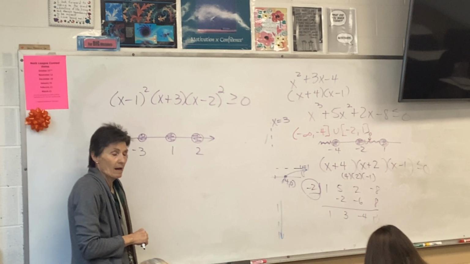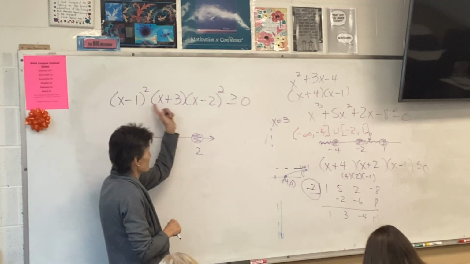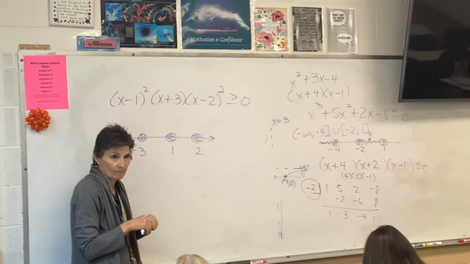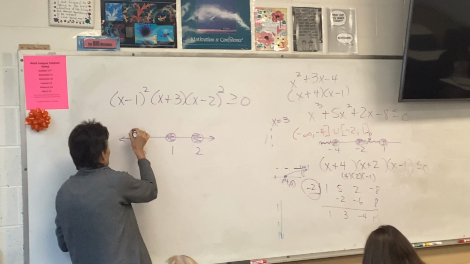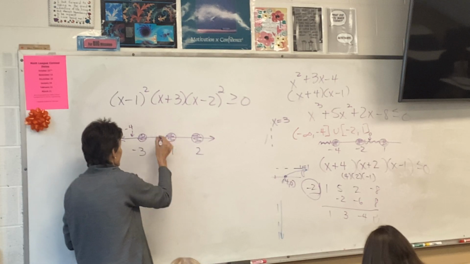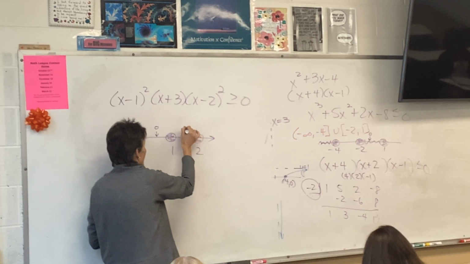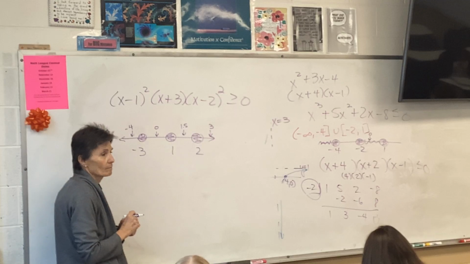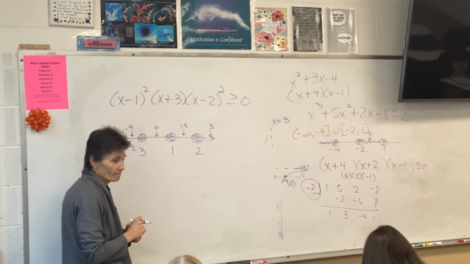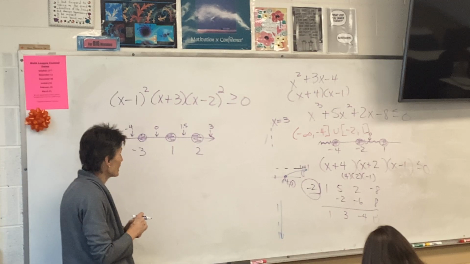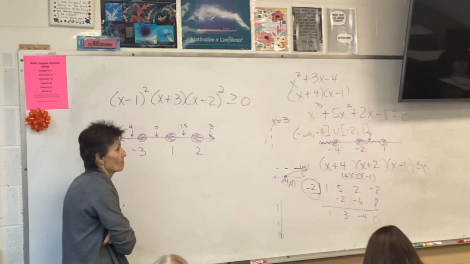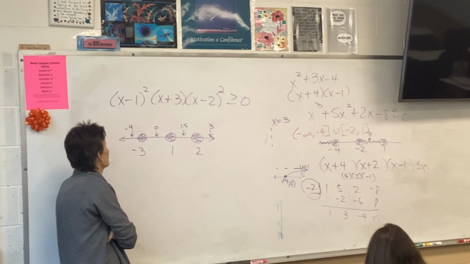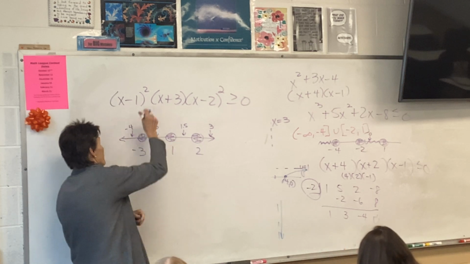Now, the bad news is, I got some squares. Whether you have 1 or 2 or 18, it doesn't matter, you have to check every space. So, maybe negative 4, 0, 1.5, yucky, and 3. All right, so start checking. Plug them in. Remember to square.